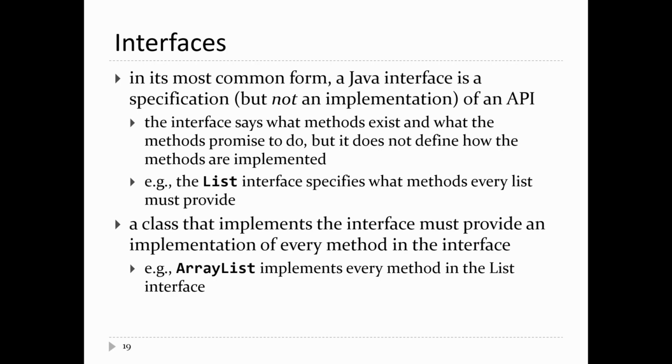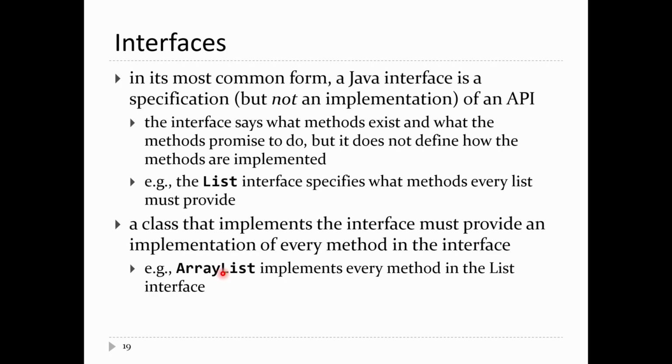So there's a list interface, and that tells you all the methods that every list must provide. Every list has a size method, it's got a bunch of add methods, it's got a remove method, and so on. So what's the difference between an array list and a list? List is an interface, array list is a class.